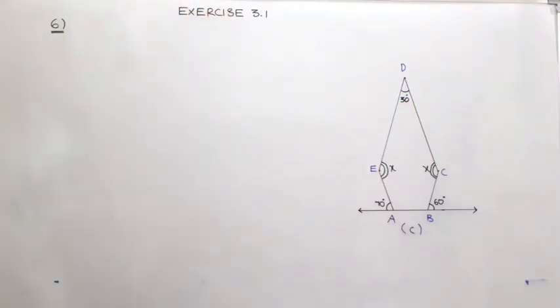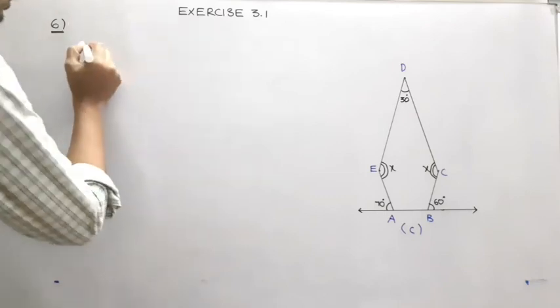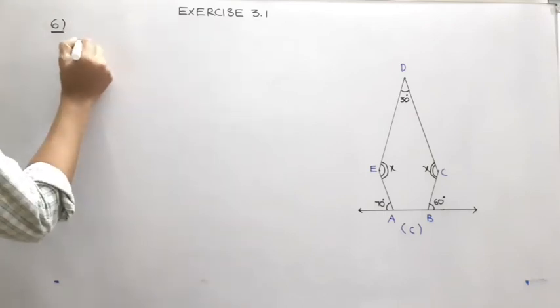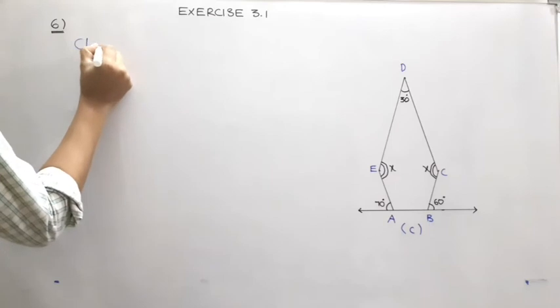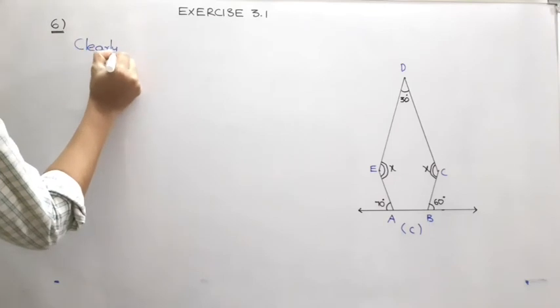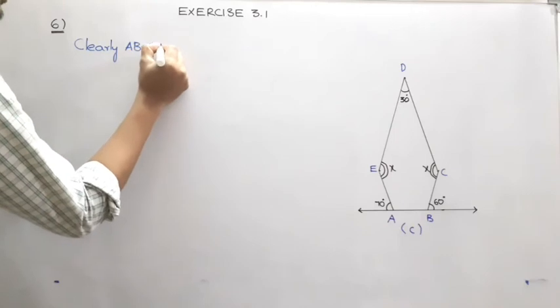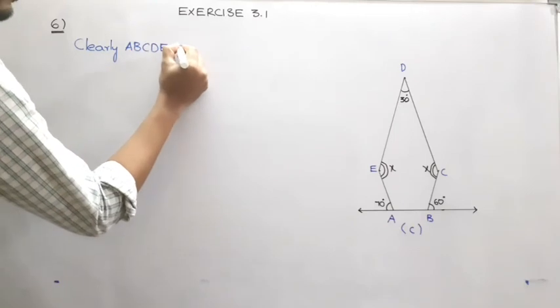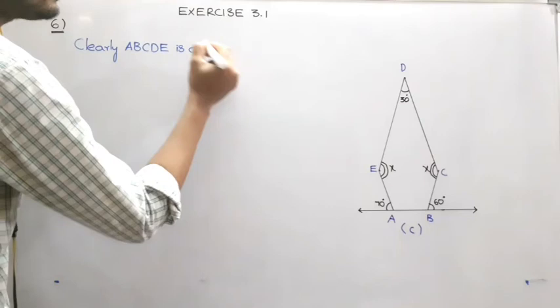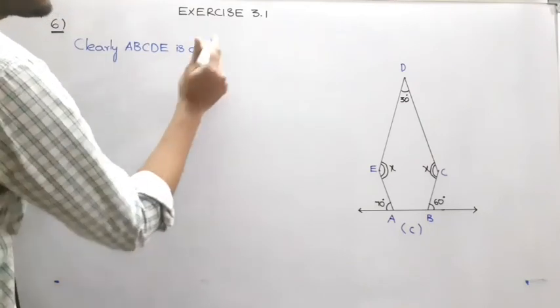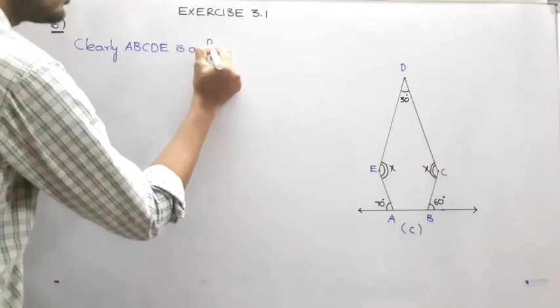So total 5 sides, and hence the figure is going to be a pentagon. Right. So clearly ABCDE is a pentagon. Please check it, children. It is not a regular pentagon. It is just a pentagon.